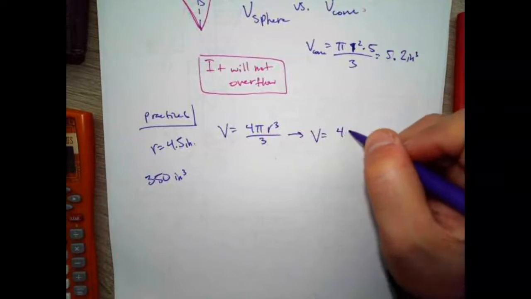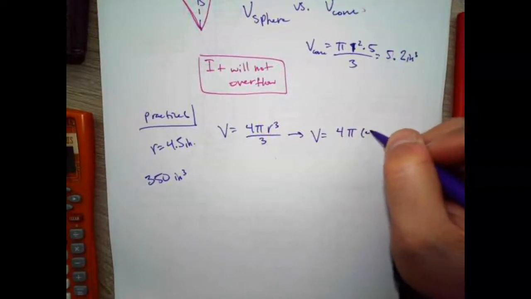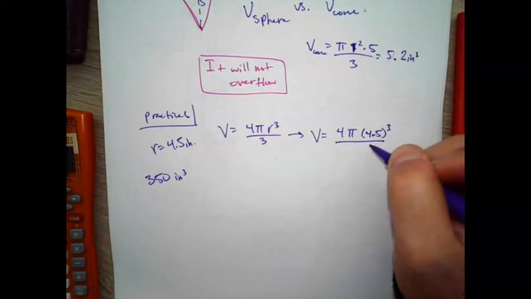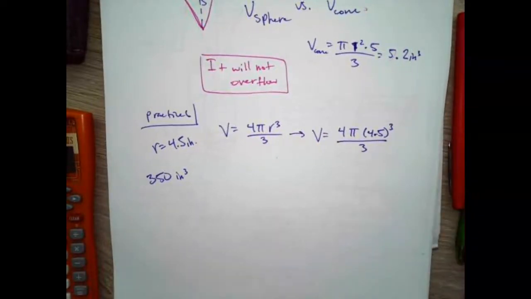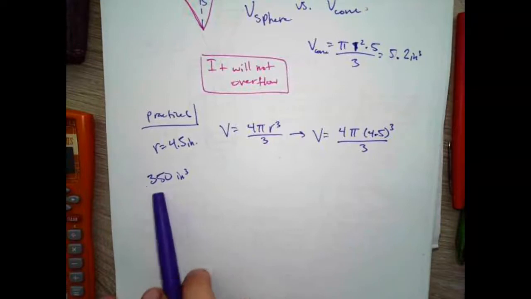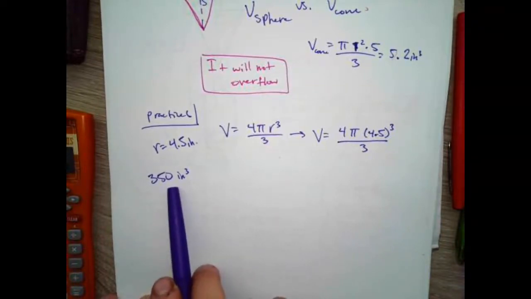So it's 4 times pi times the radius, 4.5, radius cubed, and divide by 3. So we'll calculate that out, and basically this, right? If this is more than the volume, then this will definitely fill it up. If this is less than the volume, then this will not fill it up.